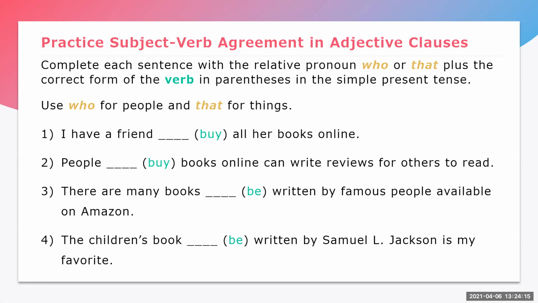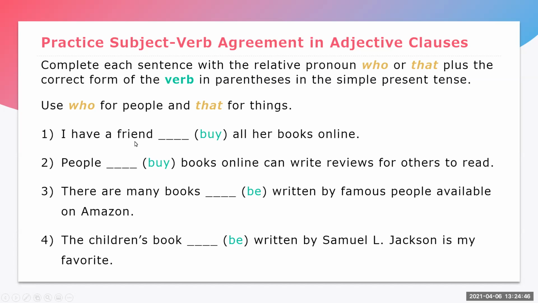Before you practice combining ideas with adjective clauses, I want you to practice choosing the correct verb form. So in this activity, you need to do two things for each sentence. First, you need to choose whether to use who or that, and that goes in this blank right here. And second, you need to choose the verb form that agrees with the noun in the independent clause.